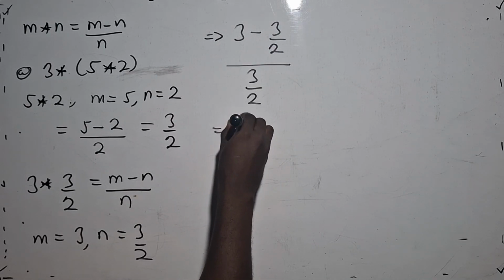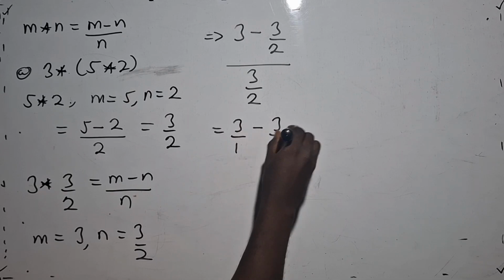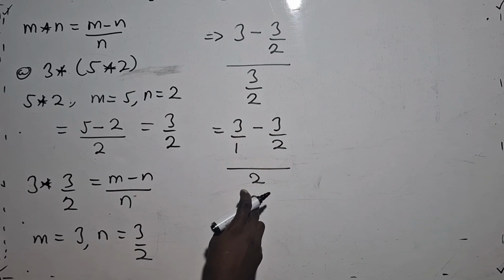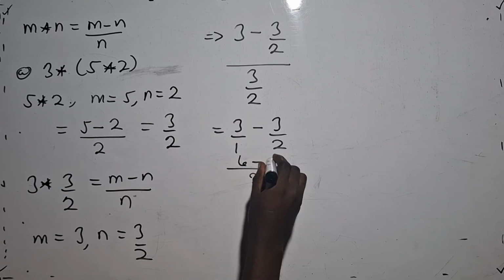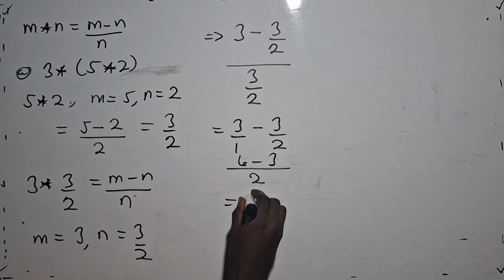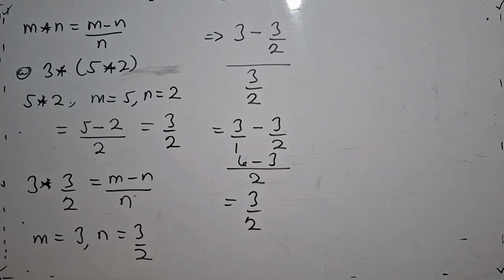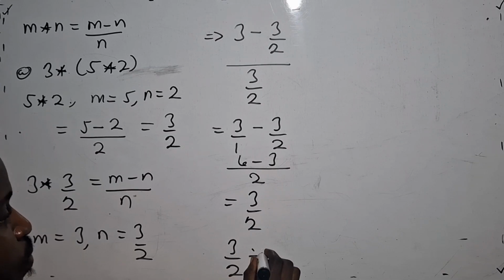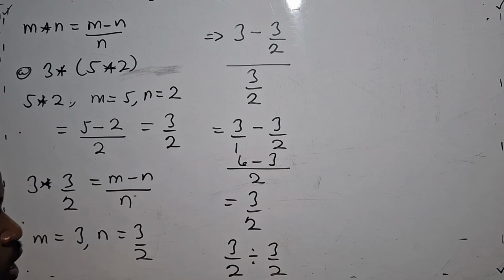So 3, the same as 3 over 1, then 3 over 2. I have to find the LCM, which will be 2. 1 will divide 2 times 2, 3, 6, minus 2 divided by 1, 1 times 3 is 3, which will give me 3 over 2. So the numerator is giving me 3 over 2. So now I have 3 over 2 divided by 3 over 2 again.